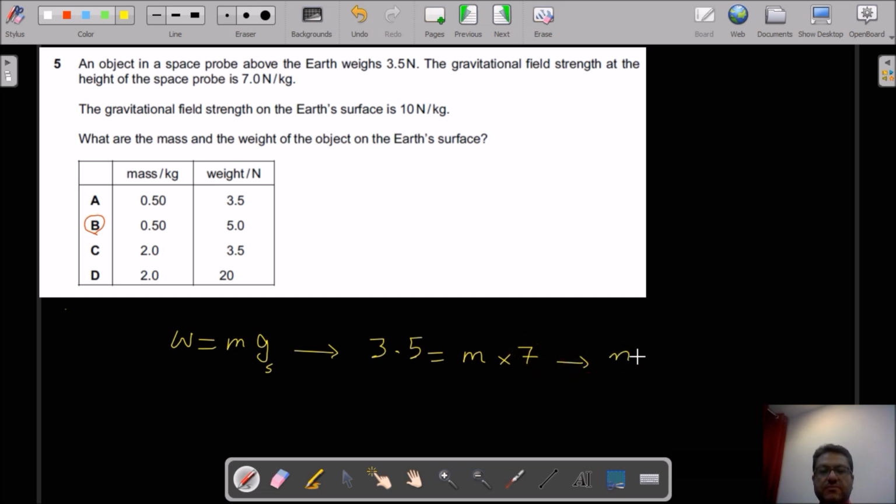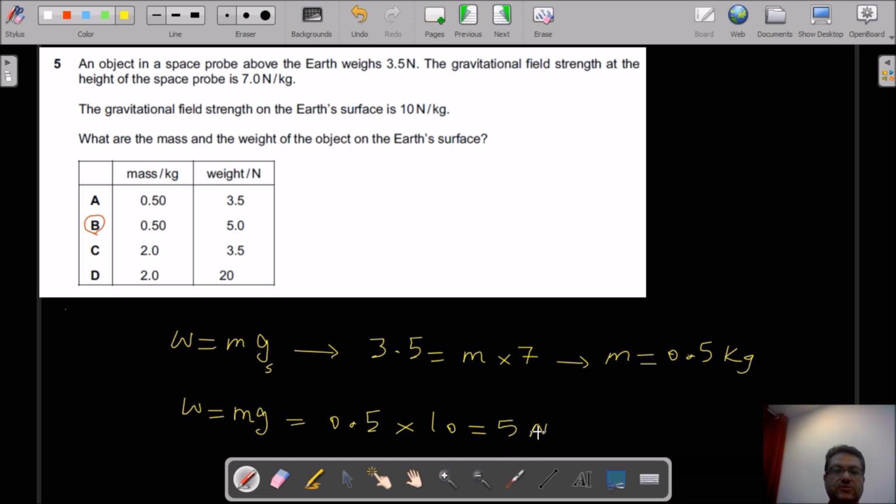That's why we can find mass is 0.5 kg. And we know that mass is constant everywhere. Then we can write again W equal to mg on the surface of the Earth. So mass is 0.5 and g is 10, which is 5 newtons. That's why B is right. Question 5, mass is 0.5 and weight is 5 newton.